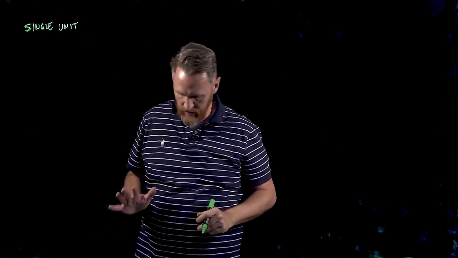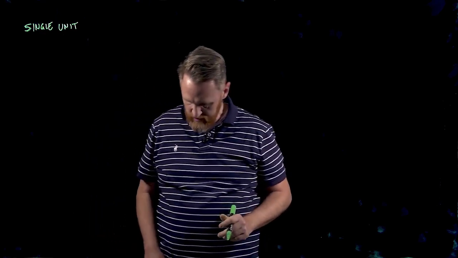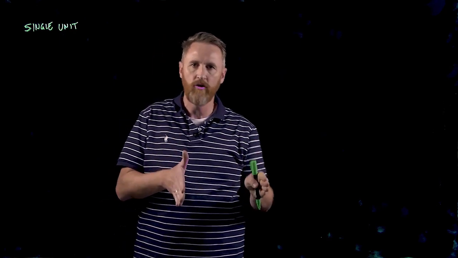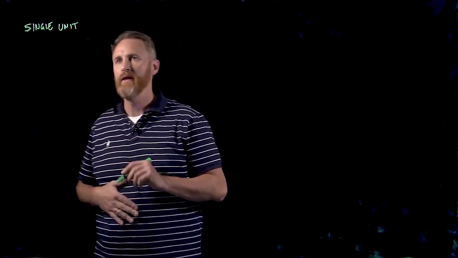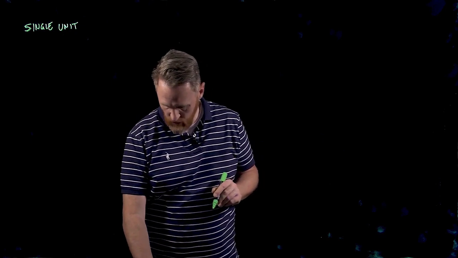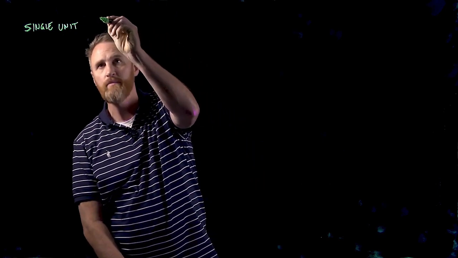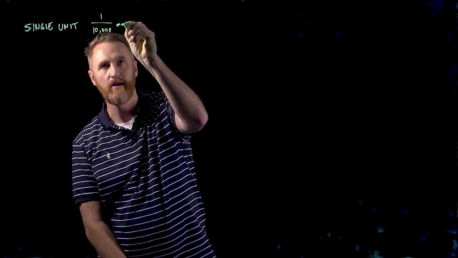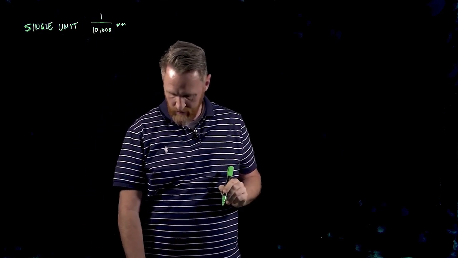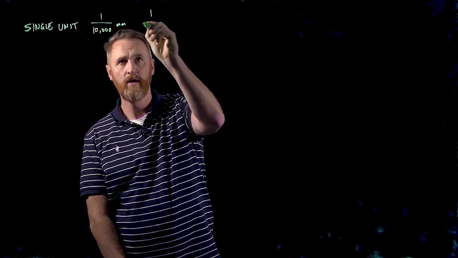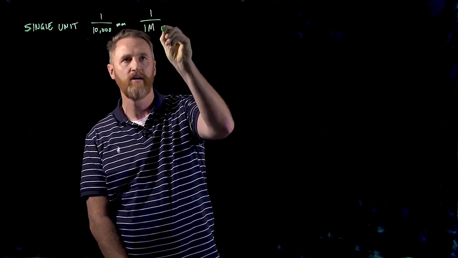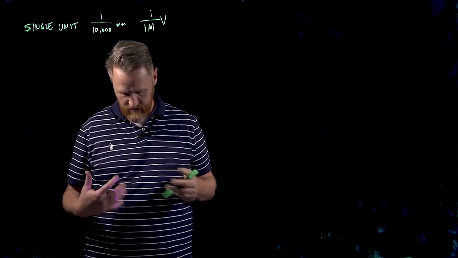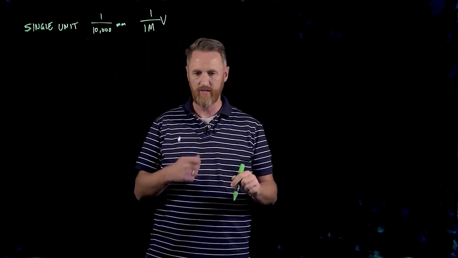And a single unit is basically measuring activation in a single neuron, right? A single neuron in the brain. And so a single cell is going to have an electrode that's about 1/10,000th of a millimeter, and it's capable of measuring changes of 1/1,000,000th of a volt in its electrical activity, right?